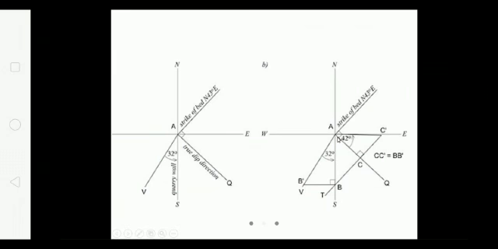Here if you see, this is a deposition which is meeting the ground at this point. So I can say this is a strike line. This is what we have studied in the previous problem. So this is where it is dipping. According to the previous problem, I can say this is dipping towards west and this is a strike line.